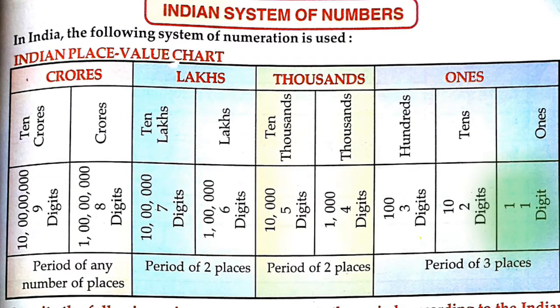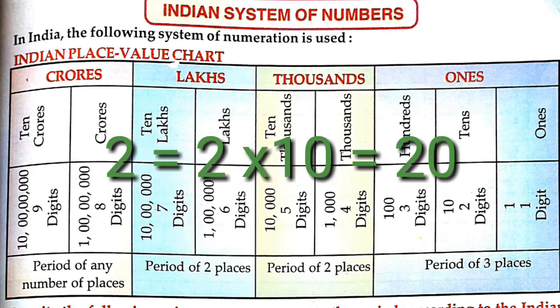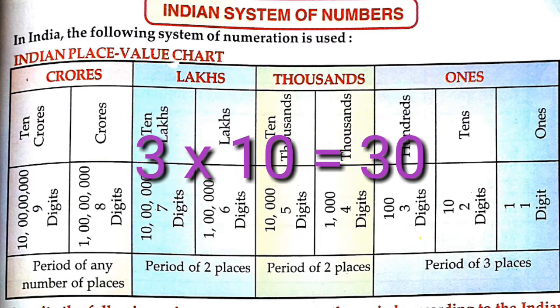Second is the tens column. In the tens column, suppose the number in the tens place is 2. Its place value is 2 into 10, that is 20. If the number is 3, then the place value is 3 into 10 equal to 30.